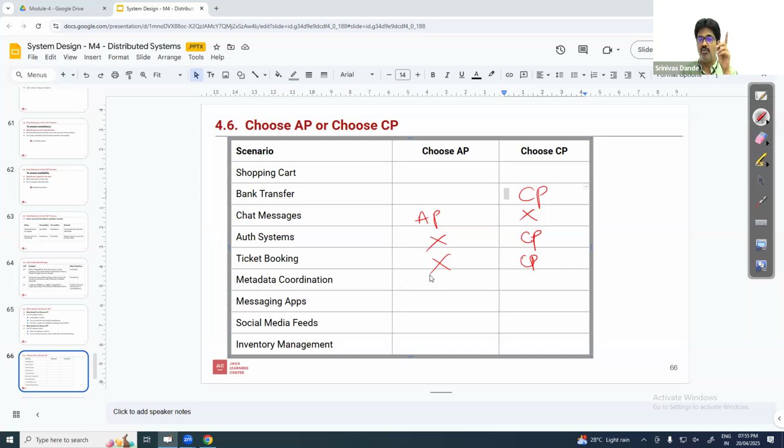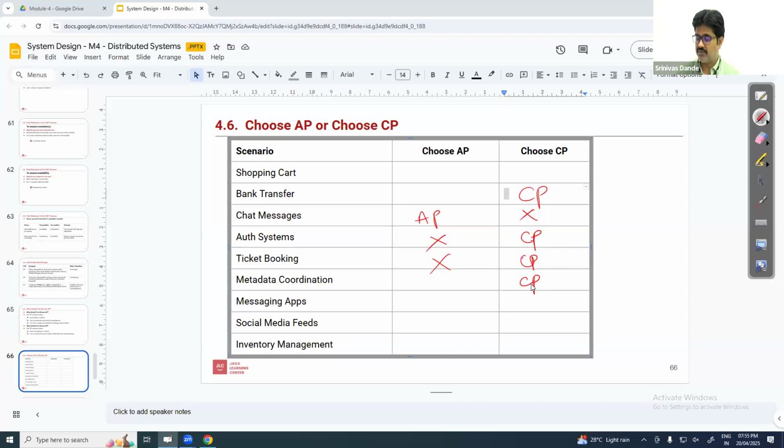You should not allow both to book. That is what should be accurate and correct. It should be consistent. Metadata coordination is a kind of ZooKeeper, and that should definitely be CP.